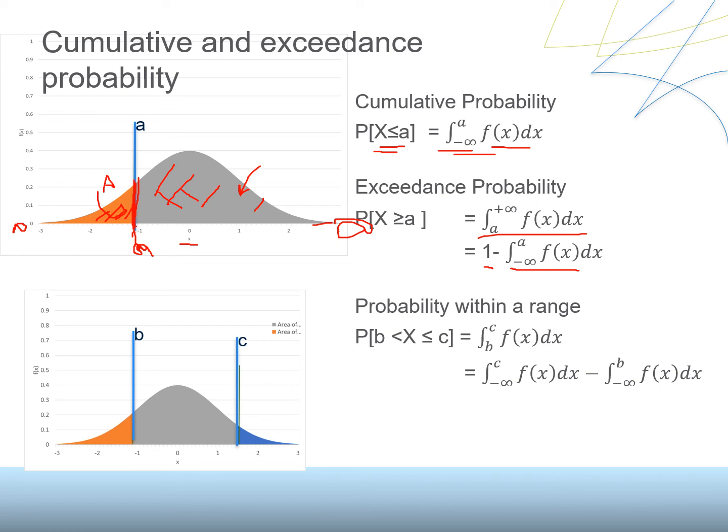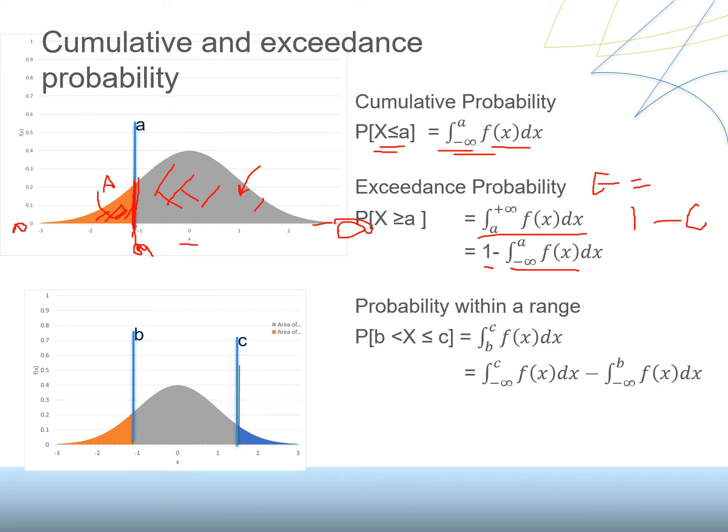For floods and rainfall, we want the exceedance probability, right? So that's how we calculate it. We calculate the cumulative probability using the cumulative distribution function or the probability density function, and then we calculate the exceedance probability. So exceedance probability is 1 minus cumulative probability.